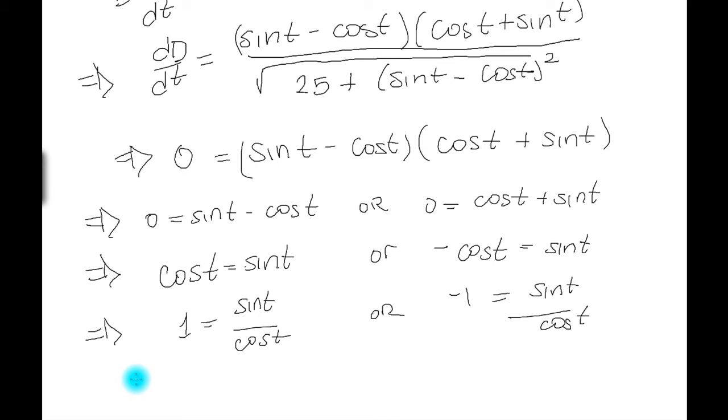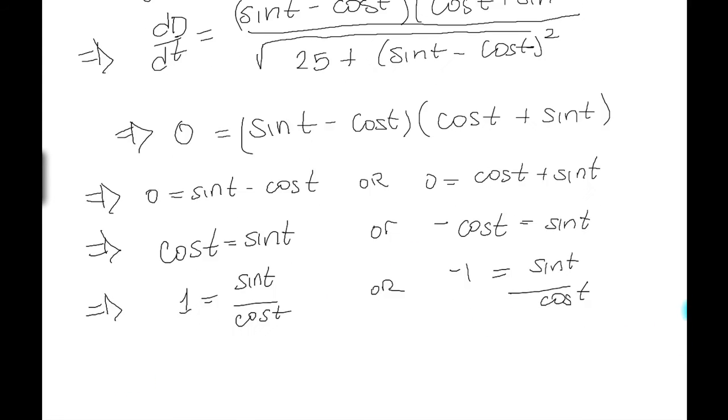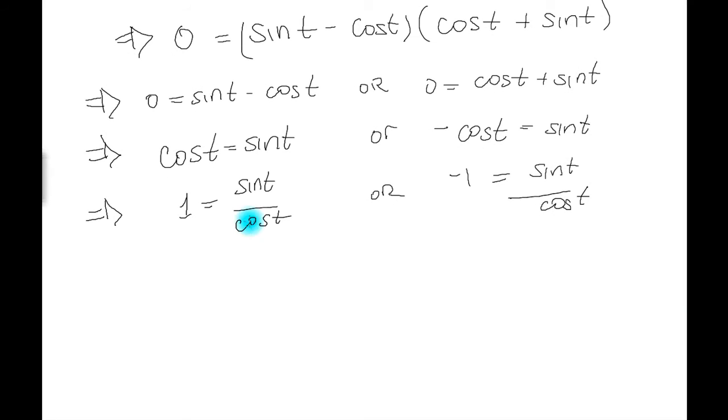Now, sine of t over cosine of t is what? It's tangent, right? So we have that 1 equals tangent of t, or minus 1 equals tangent of t. Now the question is, when is tangent equal to 1?